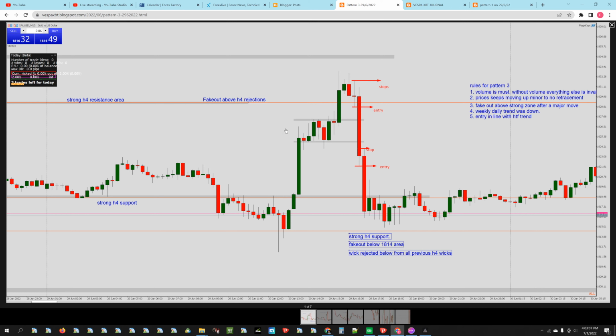Weekly, daily. Basically we have an established trend in downside, but this pattern 3 is basically an extension of pattern 2, I would say. Fake out above strong zone after a major move. Weekly down entry. So this exact pattern appeared yesterday in gold also.